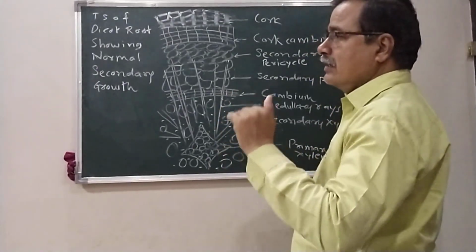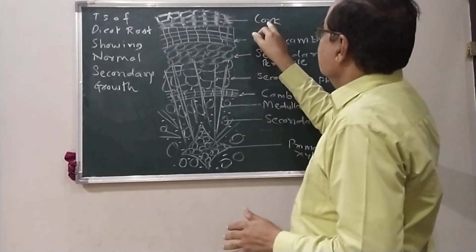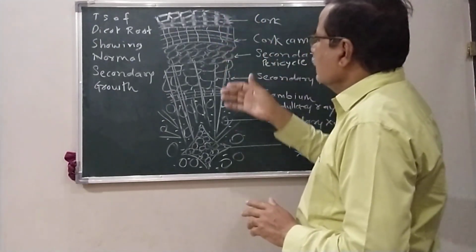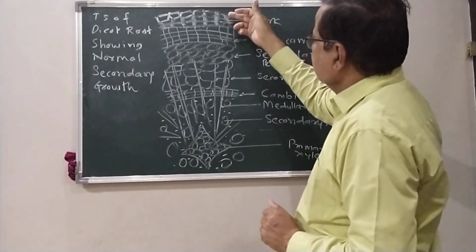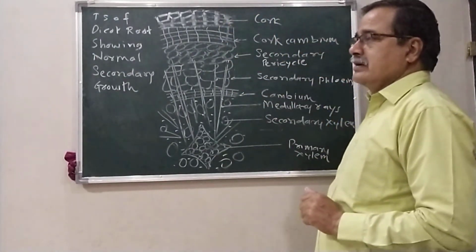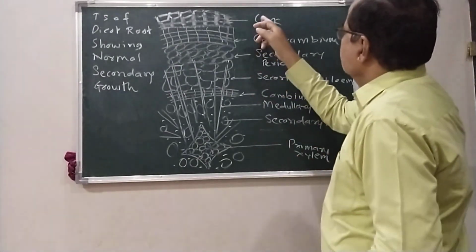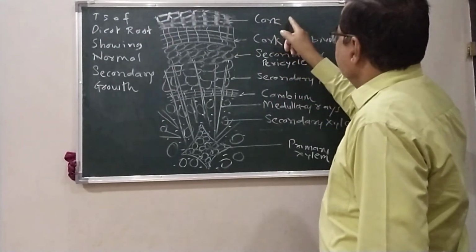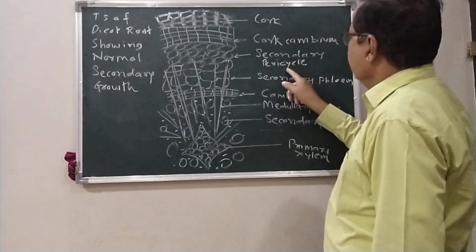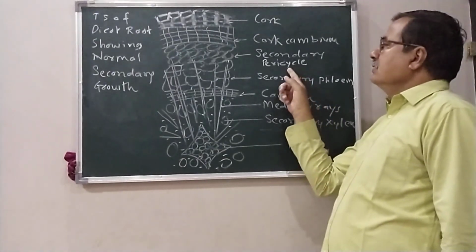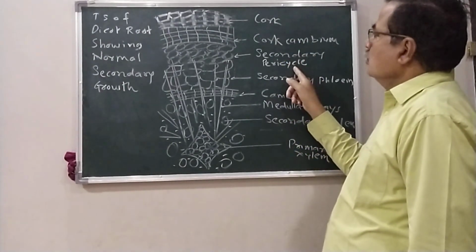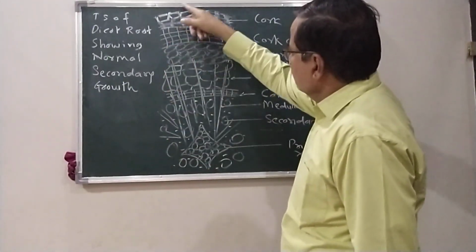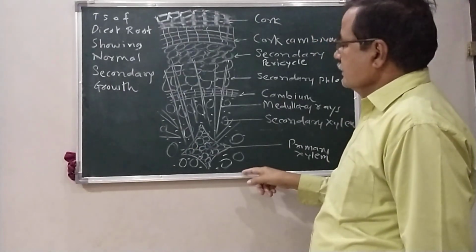Therefore, the cells are dead, and these dead cells are known as cork. These dead cells do not allow water inside, and prevent microbial attack by bacteria, virus, and fungus. Cork cambium, cork and secondary cortex are also known as phellem, phellogen, and phelloderm. Together they form the periderm. And this is how normal secondary growth takes place in the dicot root.